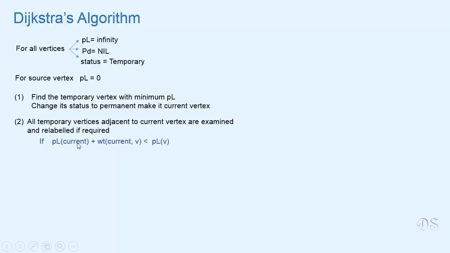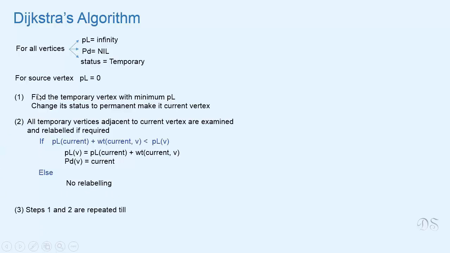Now if the path length of current plus the weight on this edge is less than the path length of vertex V, then we'll relabel the vertex V. Now the path length of V becomes equal to the path length of current plus the weight on this edge, and now current becomes the new predecessor of vertex V. If this value is greater than the path length of V, then no relabeling is required.